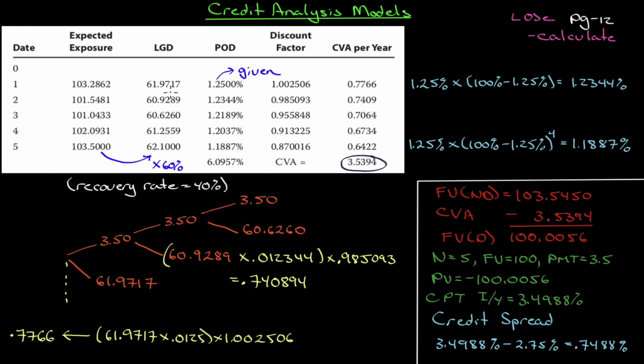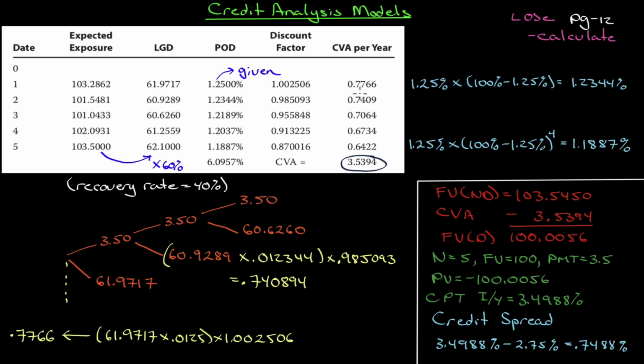So to say that again, this is our loss given default. This is the probability of actually experiencing that. So if we multiply the two together, we'll get an expected loss. But we want the present value of the expected loss, so we multiply it by the discount factor, which is the same as discounting it by whatever the risk-free rate was for that period of time. So you can divide it or you can just multiply by a discount factor.